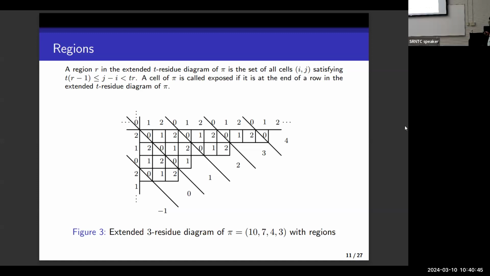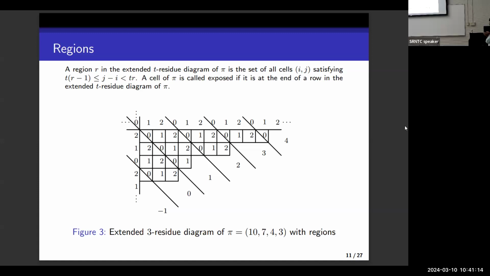So now, for all the diagonals which have zeros on them, we put a line on them, we join them by a line, and then the set of cells which lie below the main diagonal, which we can call the main diagonal, will be region 0, because if you check the values of i and j, they satisfy this inequality for r equals 0.